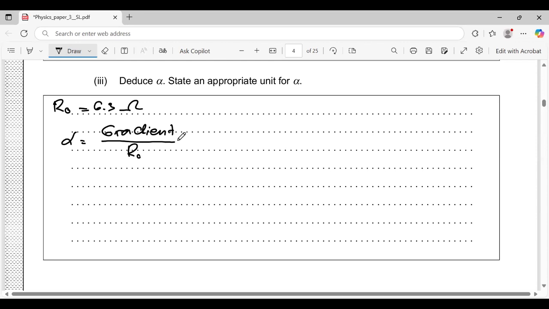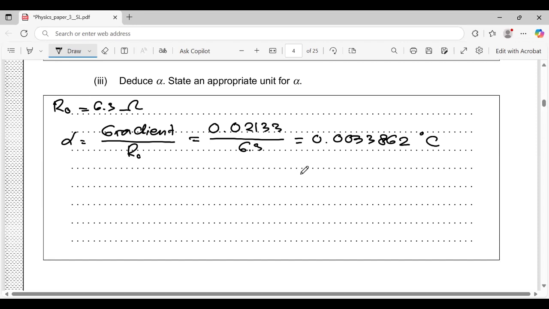The gradient is 0.02133 ohms per degree over 6.3 ohms, and the result is 0.0033862 per degree Celsius.